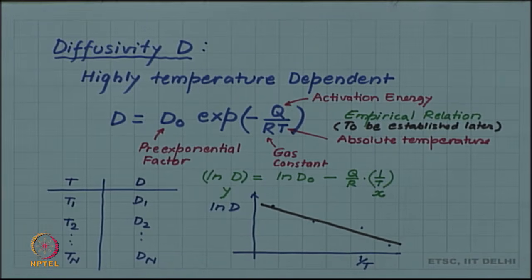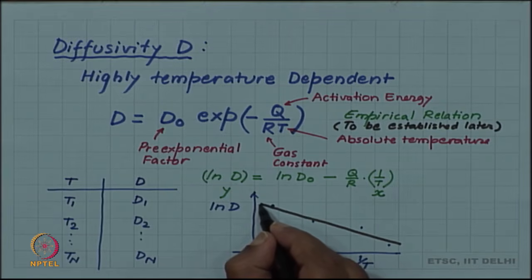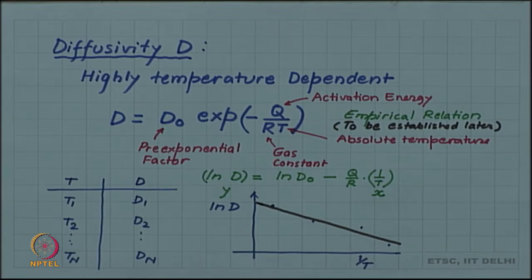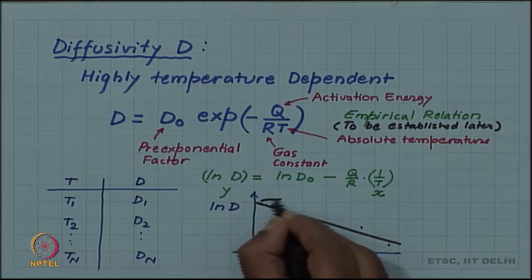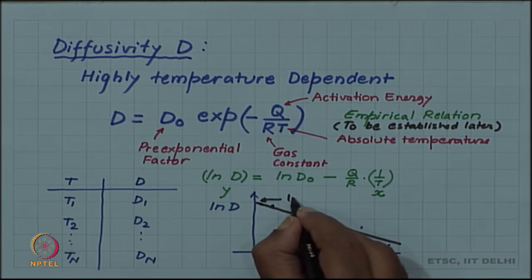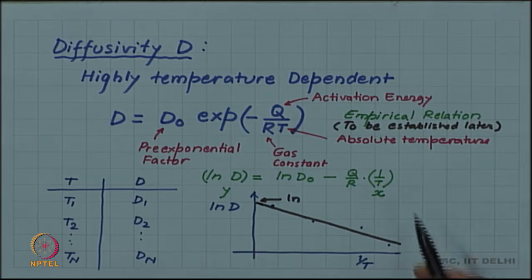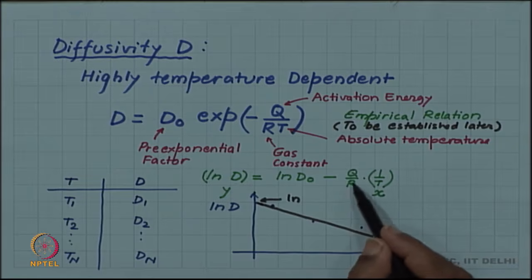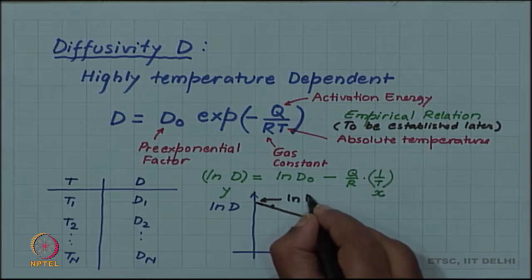So, I should draw a best fit line. You can see now that the intercept of this line, that is, if 1 by T is 0, then that is log D naught.